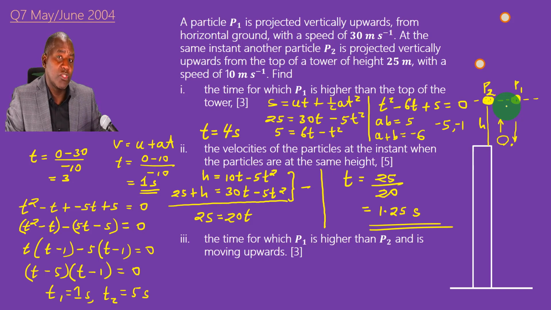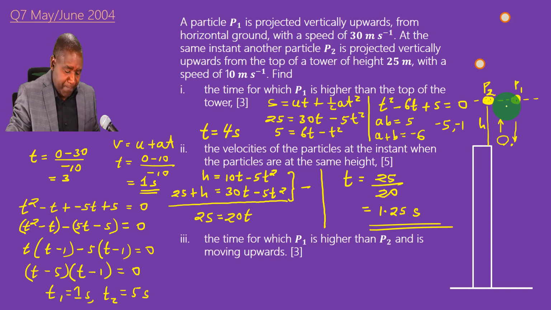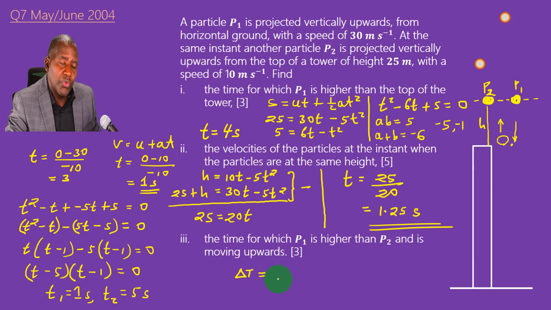And since it takes 3 seconds to reach maximum height, the time we are talking about here, this delta T, for which P1 is higher than P2 and it's moving upwards, will be equal to the time that P1 takes to reach maximum height, which is 3, minus the time when they meet, 1.25, and this will be 1.75 seconds.